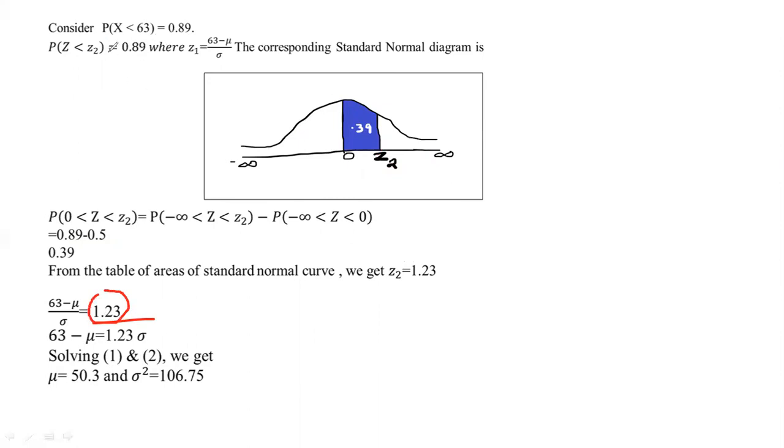We write the same expression under 63, that is x minus mu by sigma, where x is 63, which is 89%, represented as half on the left side and the remaining 39% here. This 39% with respect to the table value is 1.23. From this we get another equation: 63 minus mu equals 1.23 sigma. By solving equations 1 and 2, we get mu value 50.3 and variance 106.75.